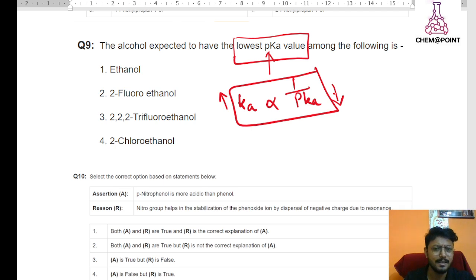Very simple. They are inversely proportional. Then you can check. So 2,2,2-trifluoroethanol. You can draw the structure. You clearly understood why option 3 is the correct answer. Got my point? Option 3 is the most acidic. That's why the pKa value is very low.